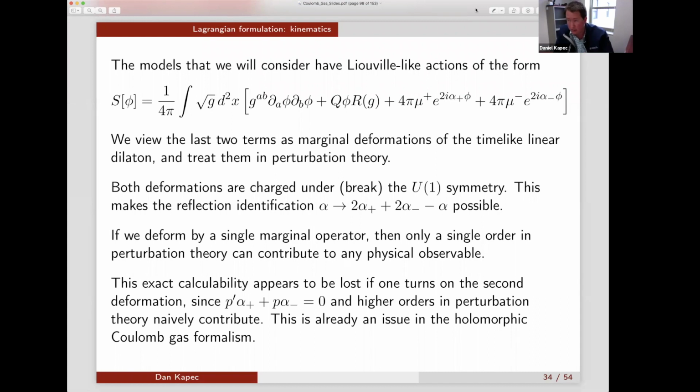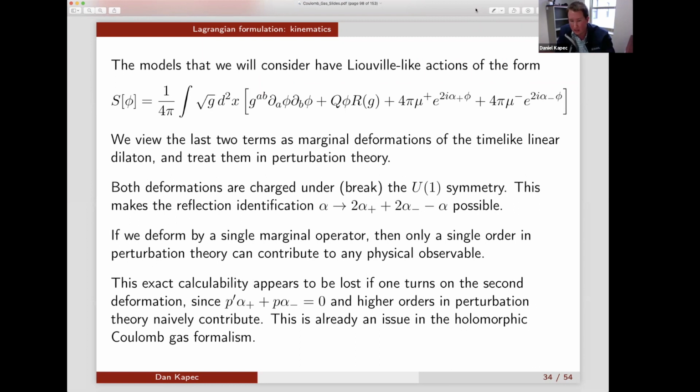So there will only be one solution to that algebraic equation and only one term in perturbation theory will contribute. That seems to be lost if you turn on both perturbations because the charges of these two operators are rationally related. So P prime alpha plus P times alpha minus is equal to 0. So if some order in perturbation theory contributes, then if you bring down P prime more of one deformation and P of the other one, that will still satisfy the selection rule.